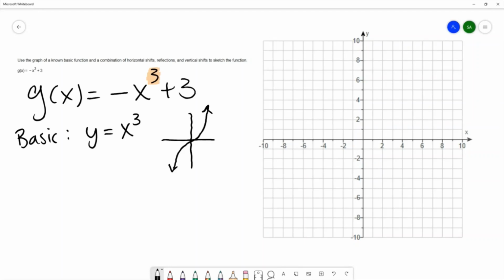And then I'm noticing that I have a few transformations. The transformations that I have are this negative and this plus 3. Those are going to change the graph of the basic function.